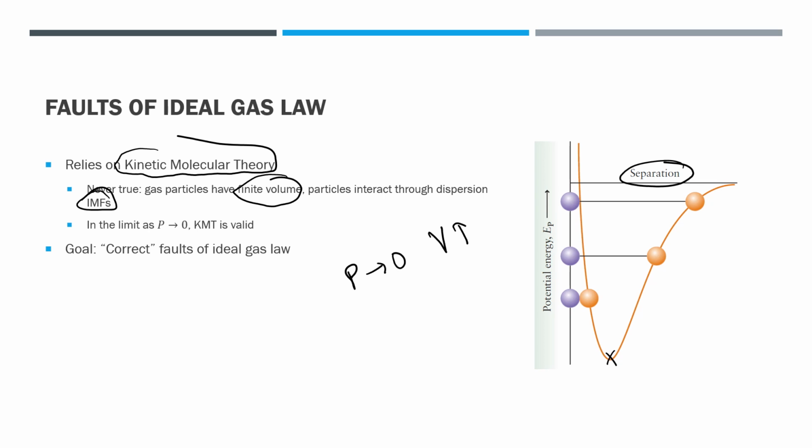Because there's an attractive force between these particles, so the particles want to get closer together because they have intermolecular forces. This is a potential diagram that we've seen many times and it'll keep coming up. Our assumption is a flat line, but this is obviously not true, especially when we look at gas particles that are close to each other and therefore have intermolecular forces that are not negligible.